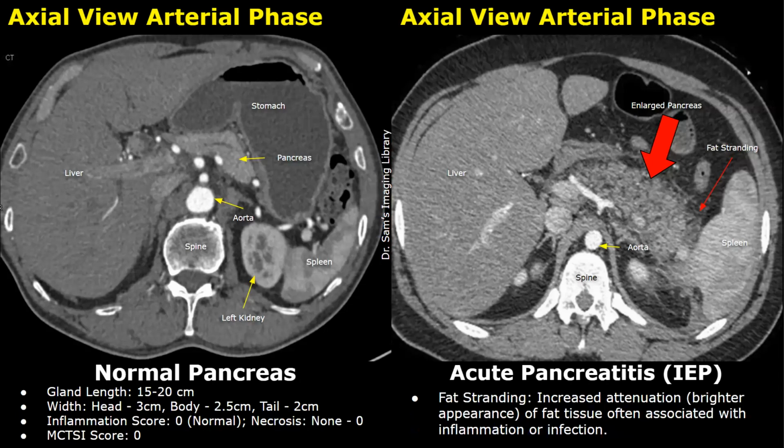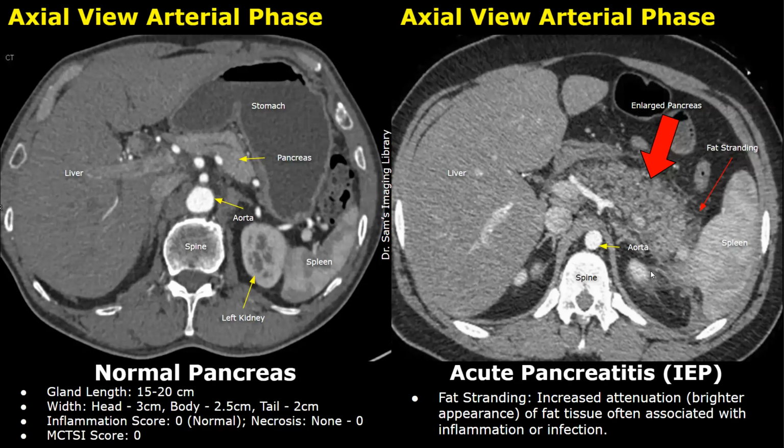Fat stranding refers to inflamed fat tissue. On CT scans, fat stranding appears as streaky areas of increased density within the fat surrounding the pancreas. This increased density results from the infiltration of inflammatory cells, fluid, and sometimes fibrosis, indicating an inflammatory process.